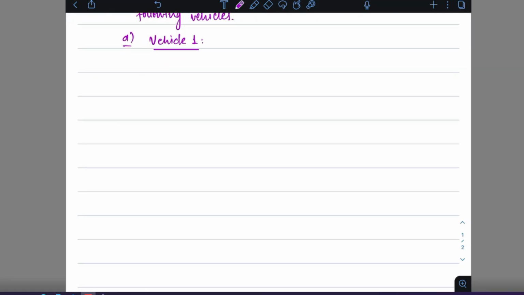Vehicle 1, the weight is 11,505 newtons. We're writing the weight, so it's in newtons. Wheelbase is 2.68 meters.